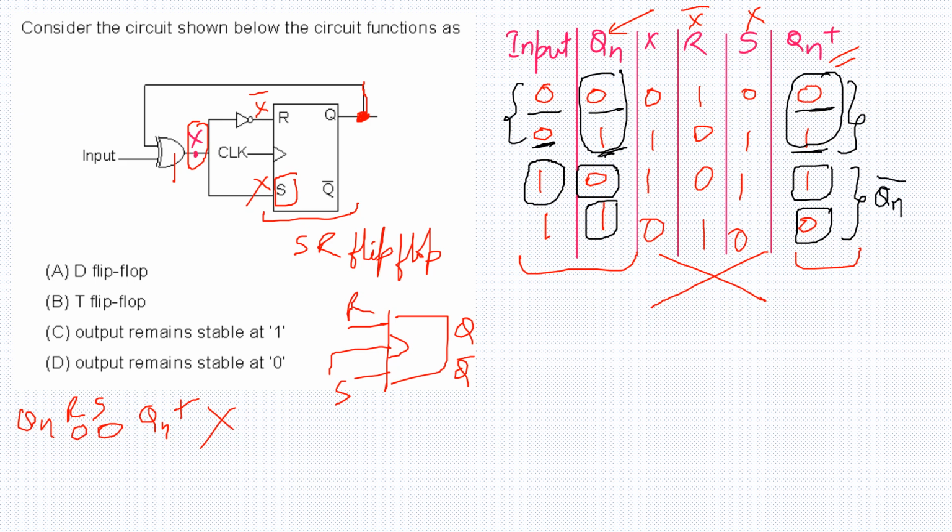Whenever you give 1, a toggling effect happens, and whenever you give 0, the same state is maintained. So this is the characteristic of which kind of flip-flop? T flip-flop. So B is the answer to this question. This is how you can solve this question. Thanks for watching.